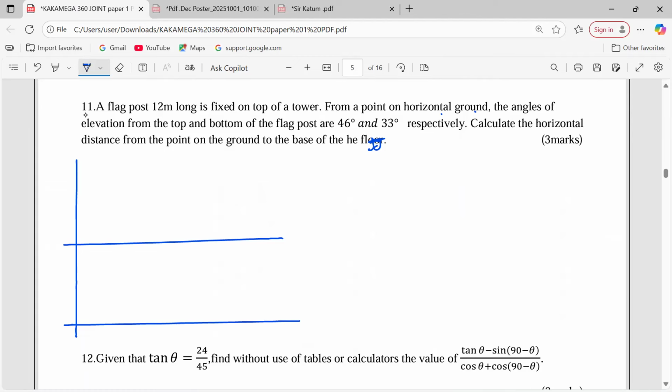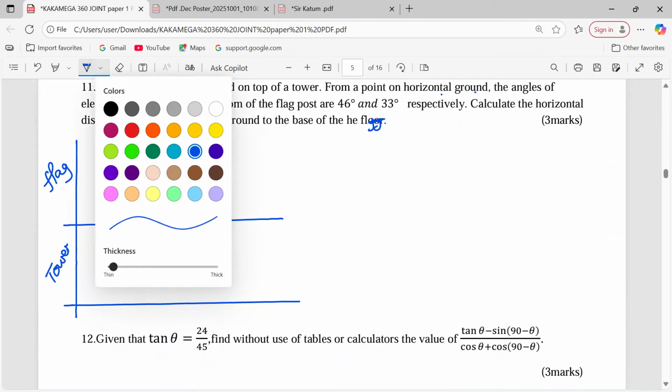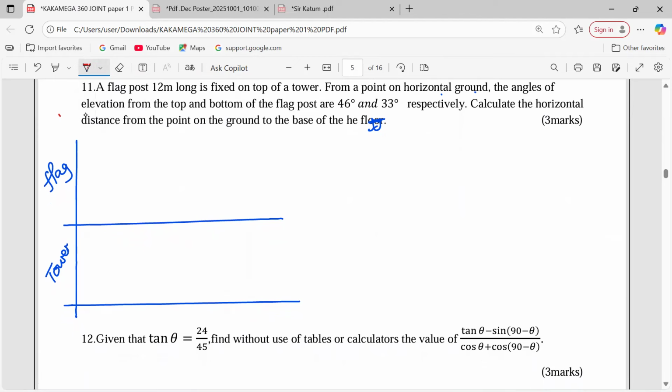and bottom of the flag. You know, the flag is starting here. This is the flag. It is the top of a tower like that. Then now, from a point, which is here at the ground, to the bottom of the flag, there is an angle of elevation. To the top of the flag, there is also an angle of elevation, like that.